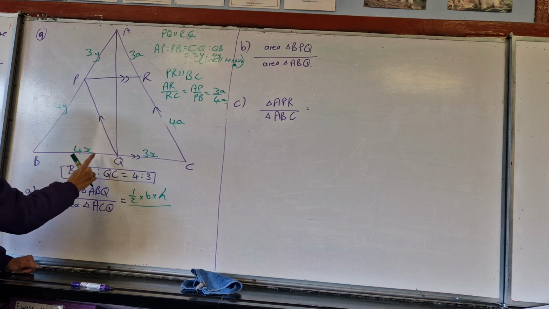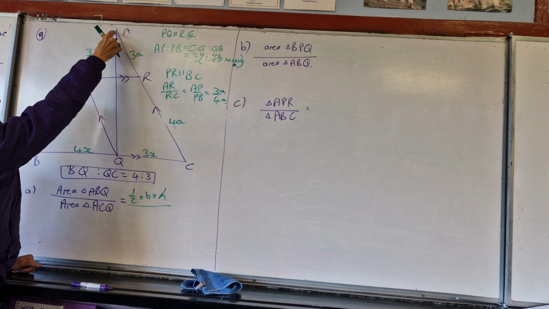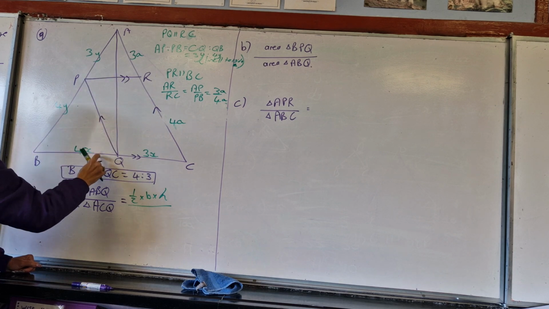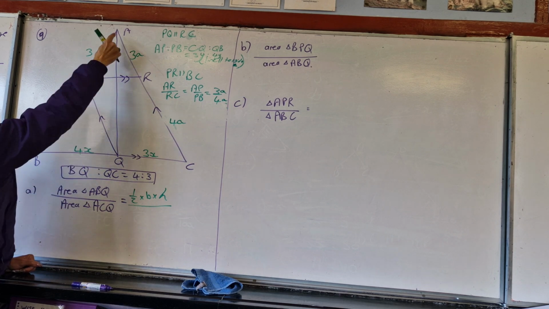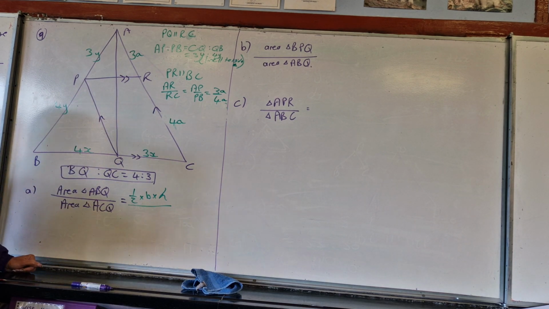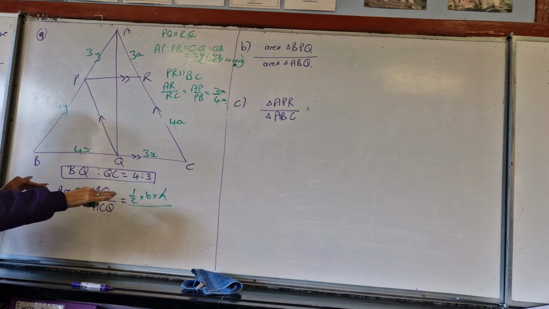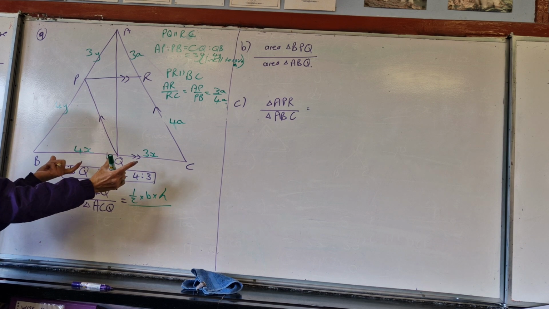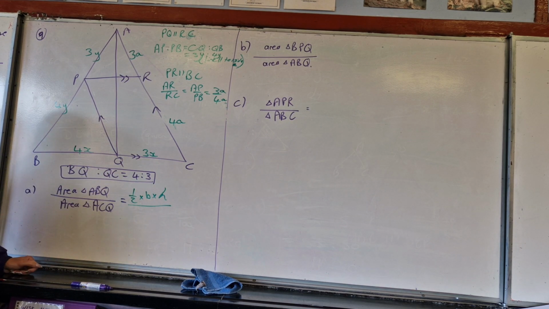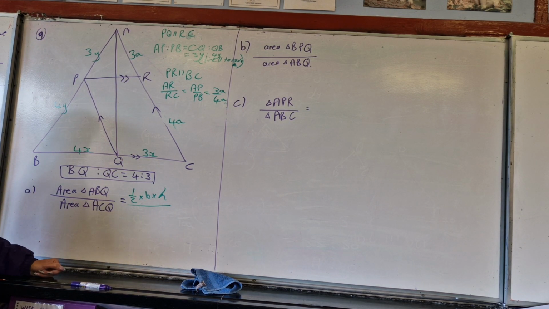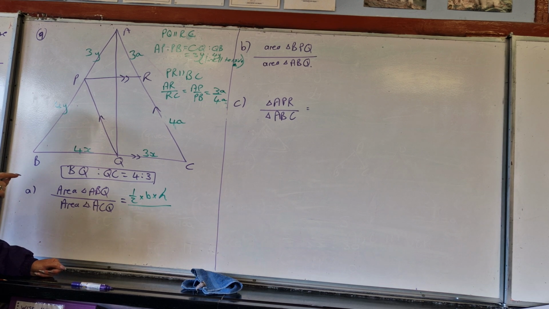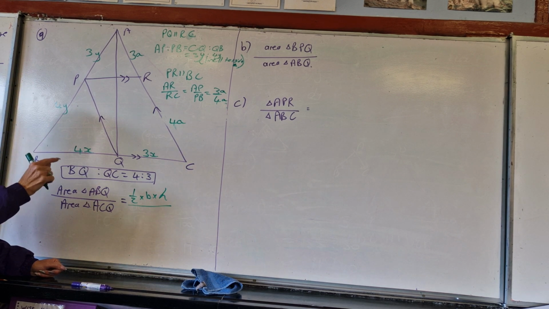Because of the parallel lines, they both get their heights from A. Whether it's an acute angle or an obtuse angle triangle, the height comes from A. They've got the same top point. So going perpendicularly down to their bases, which I'm going to use as 4 and 3, on their bases they've got the same height. Now in your theorem, when you proved it, you had little h and k.